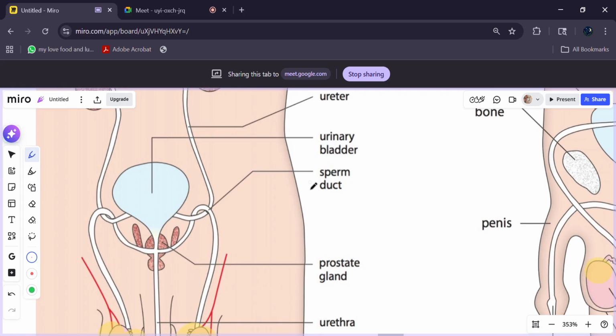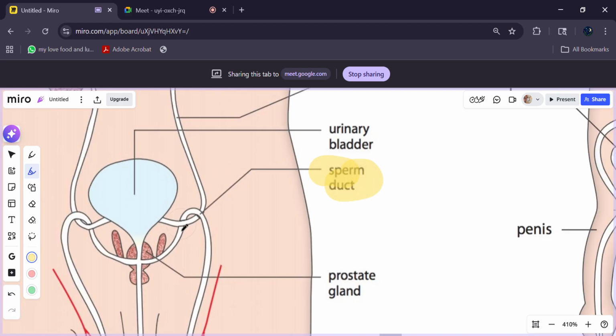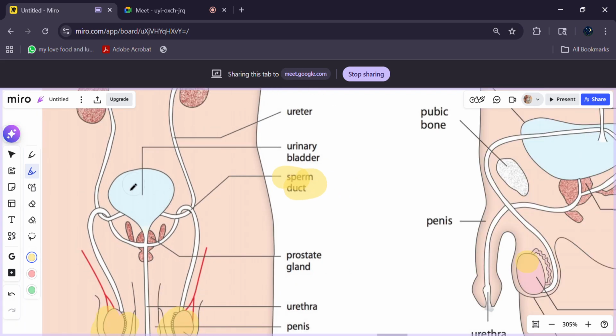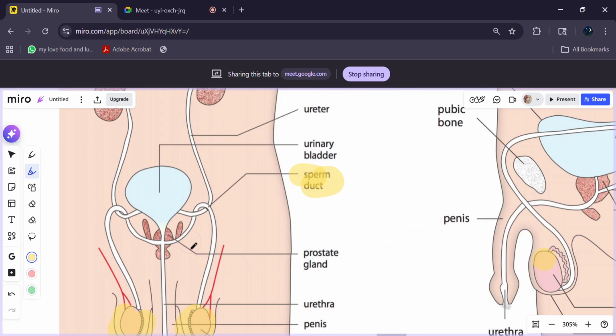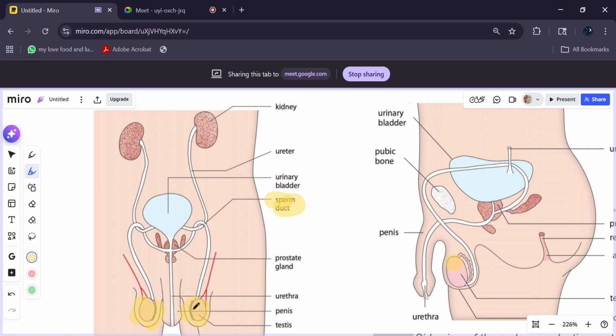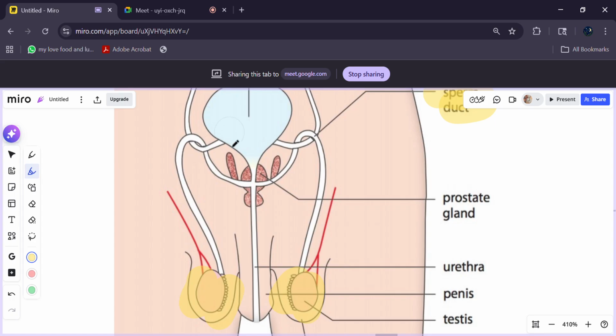Now let's talk about the sperm duct, which is right over here. The sperm duct is connected from the testis. It connects both testes, and in between the ducts there are the prostate gland and the urethra.